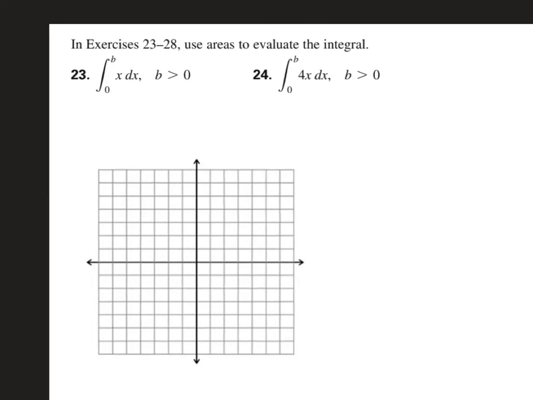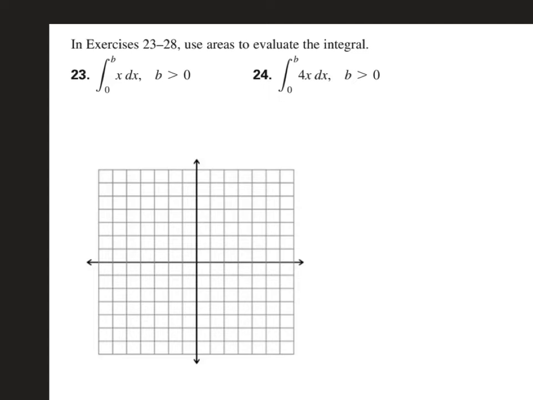What this wants us to find is all the area from 0 to b, some positive number, under the line y equals x.